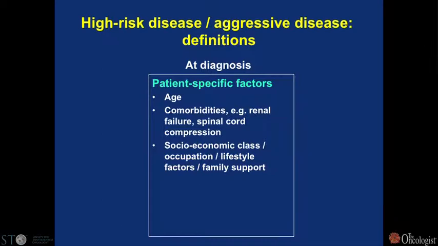You should mention hematopoietic insufficiency, namely anemia in particular, but also thrombocytopenia. And neuropathy is also a problem because this limits you in your selection of treatments. So these are the most important patient-specific risk factors.